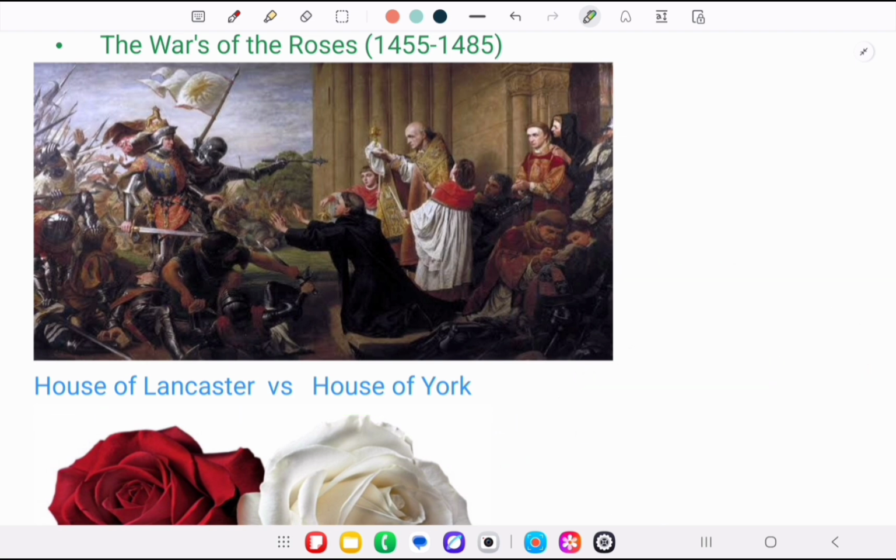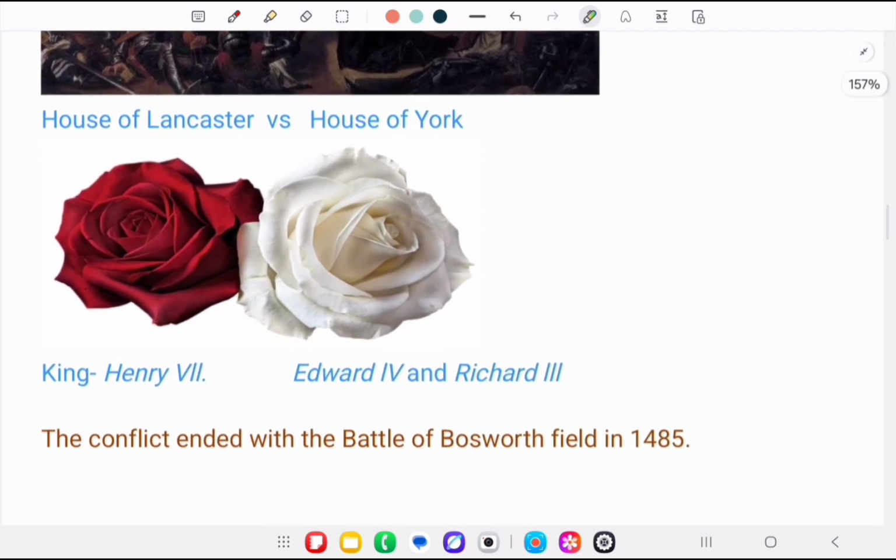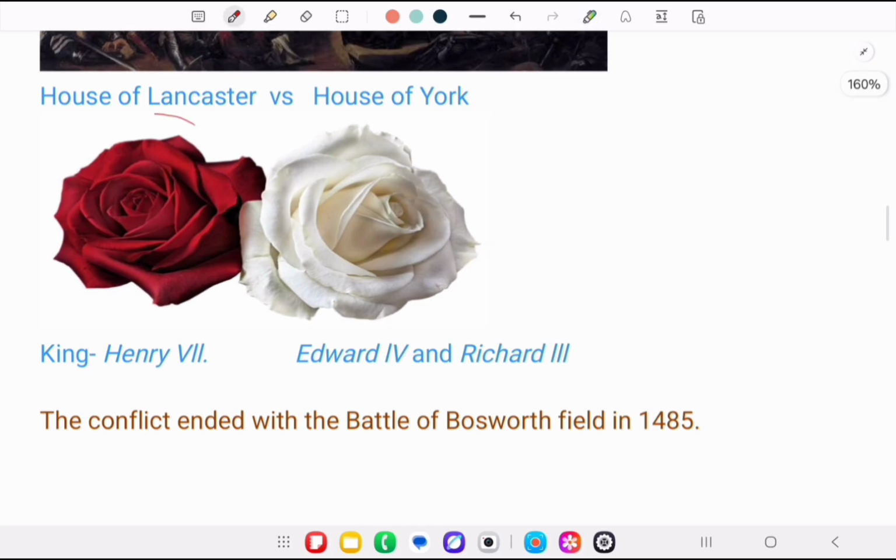The Lancastrians identified themselves with the red rose, and the Yorkists used the white rose to represent themselves.